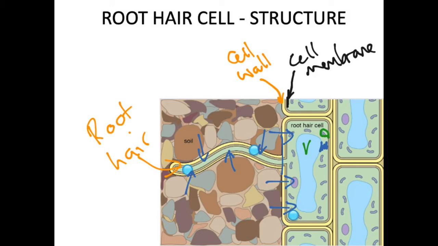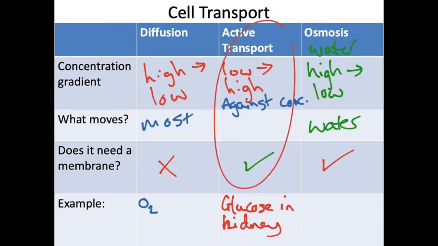Root hair cells do not have chloroplasts; that's an adaptation they have. But they do have lots of mitochondria, and we're going to talk about why they've got tons and tons of mitochondria. I hope you remember that it's the mitochondria's job to do aerobic respiration, which produces energy. So why would a root hair cell need energy? I'll give you a clue.